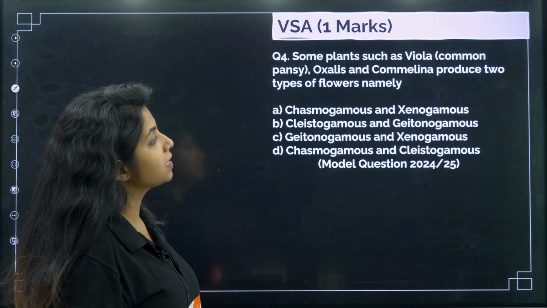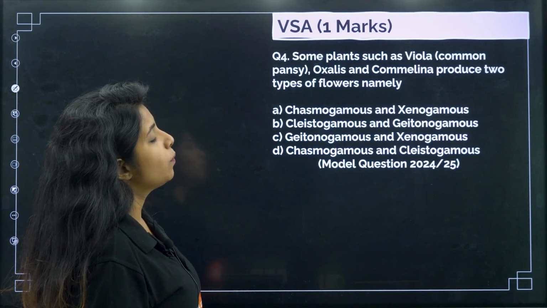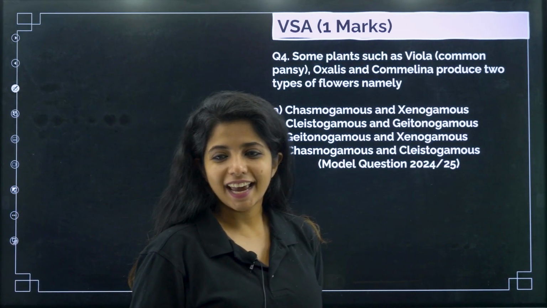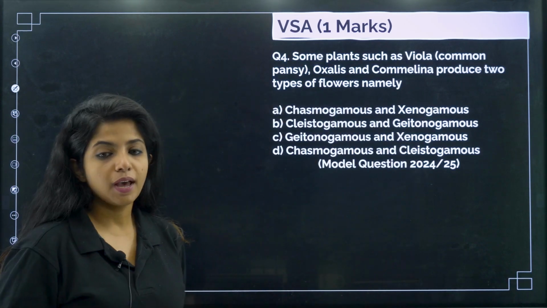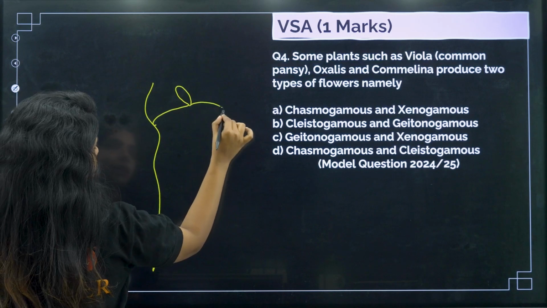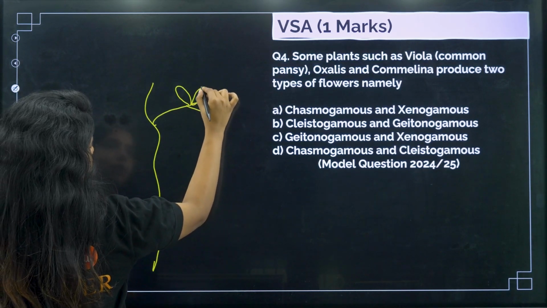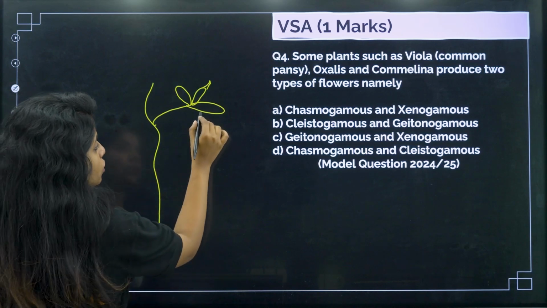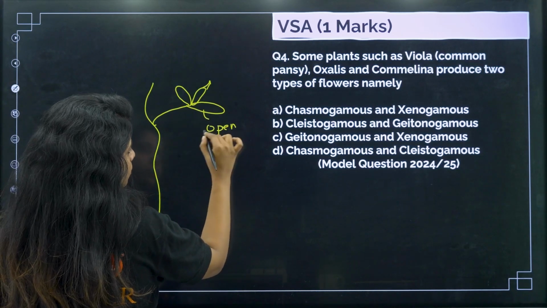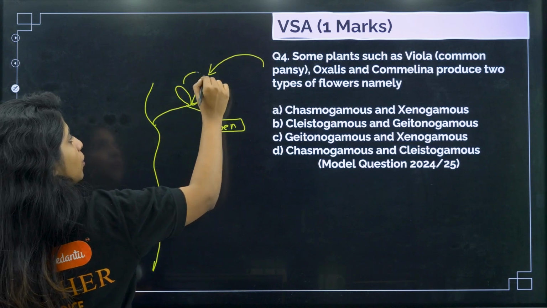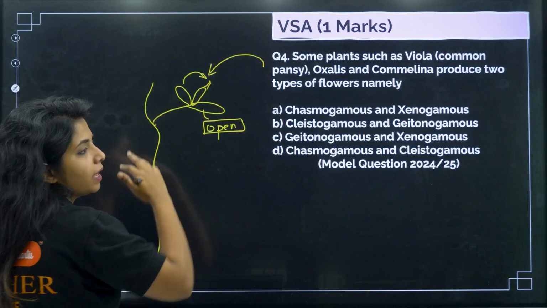Now, some plants such as Viola, Oxalis and Commelina produce two types of flowers. Namely, what are those types of flowers? Can anyone guess? Basically, there will be one type of flower which will be open, such that pollination can happen from outside, self pollination can also happen, other plants can also contribute.